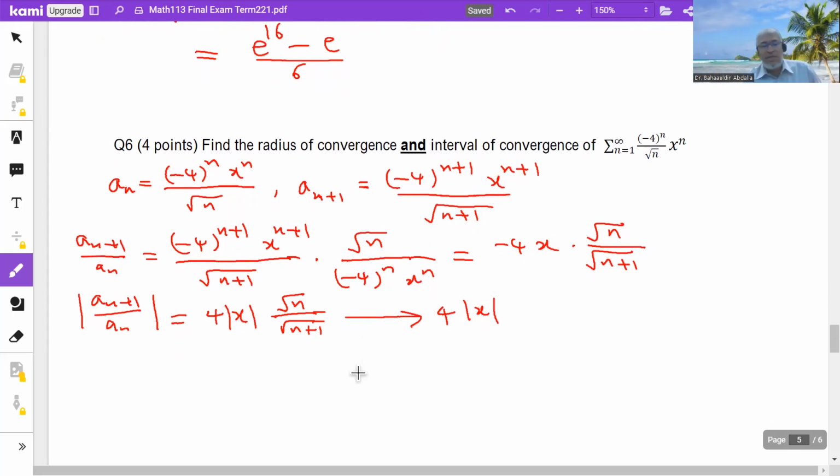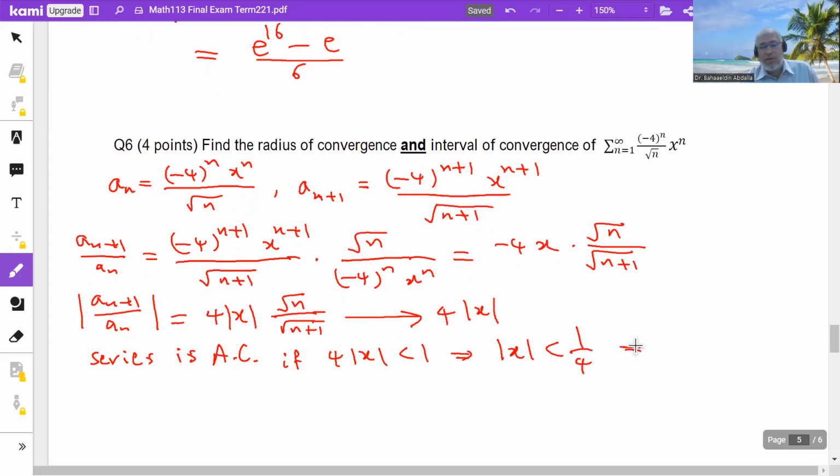Well, the series would be absolutely convergent according to the ratio test if 4 times absolute value of x is less than 1, which means that absolute value of x is less than 1 over 4. So R, the radius of convergence, is 1 over 4, this number.